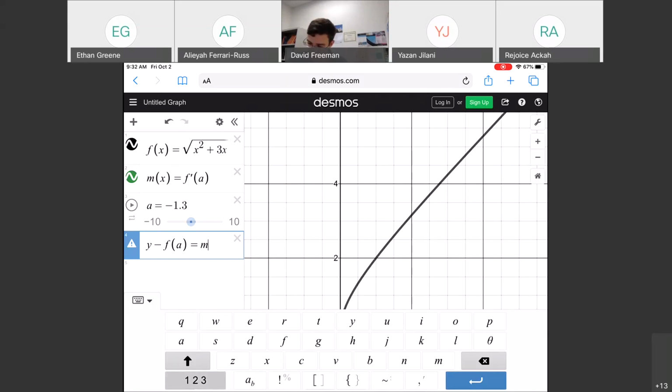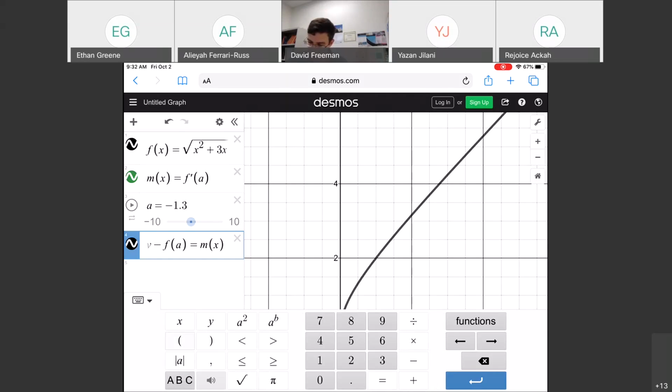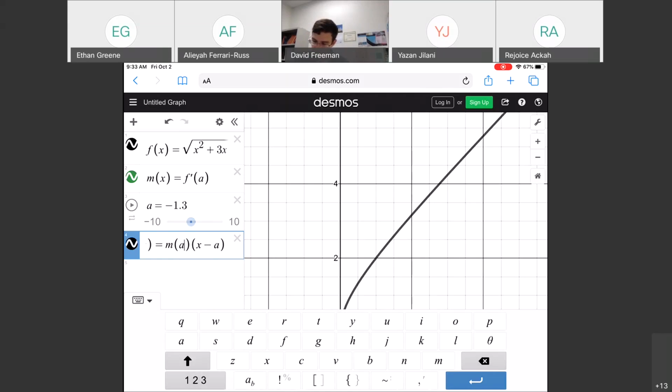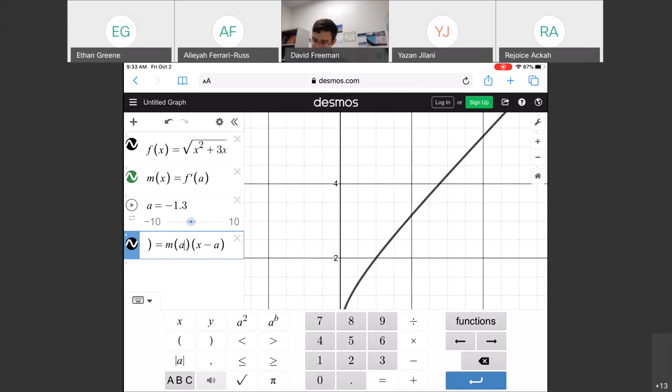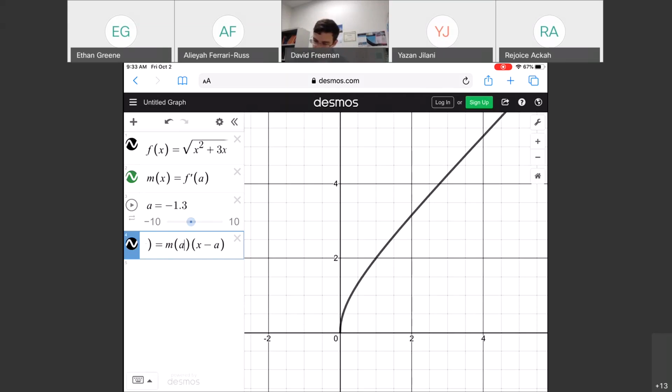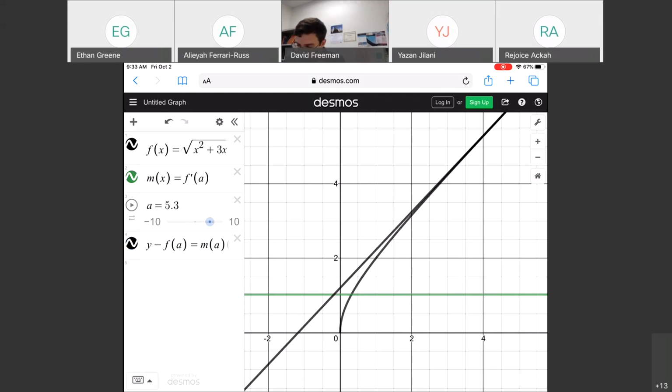That's the derivative, times x minus a. That's the point form for the tangent line through the point a, f of a. Oops, and that should be a, not x. Let's see if this does anything helpful here. So look what it does.